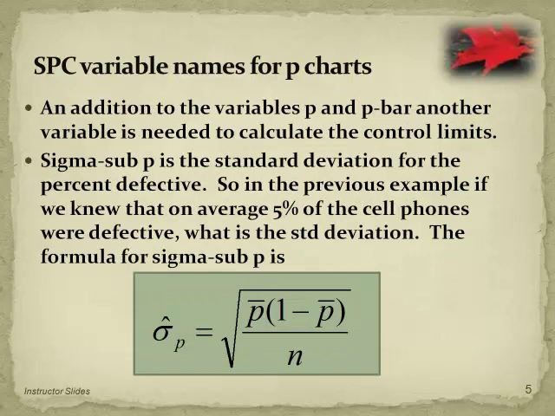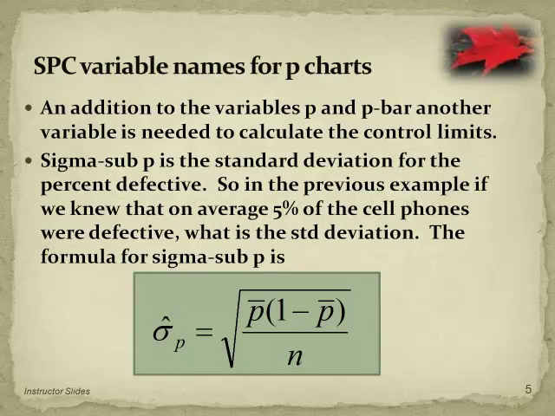We have another variable in the P chart, which is shown here. This is called sigma sub P. Again, P is the percent defective, so P bar is an estimate of the percent defective. We're assuming that we have a normal distribution curve, so there should be some standard deviation around that percent defective.